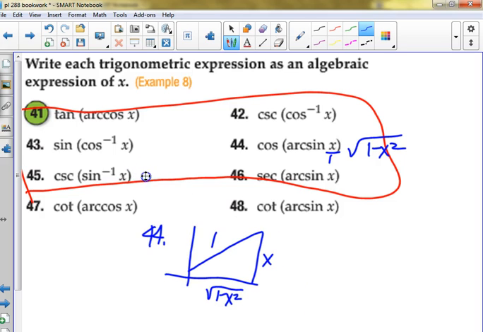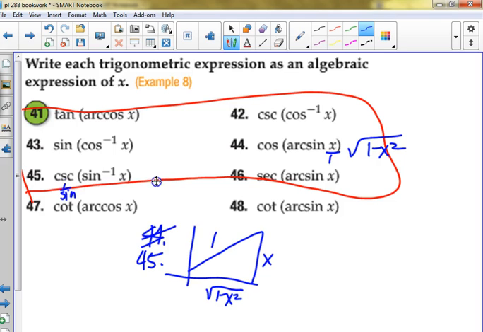Okay, 45 says it's the same triangle, isn't it? 45 arc sine is x. Isn't that the same thing? It's the same triangle as 44. So 45, we want the cosecant, which is hypotenuse over opposite, since cosecant is 1 over sine.